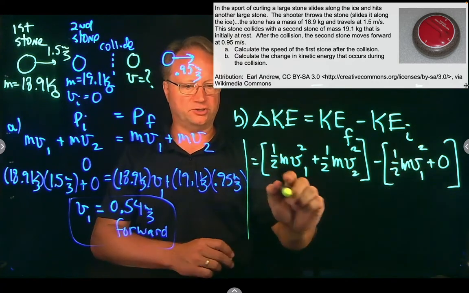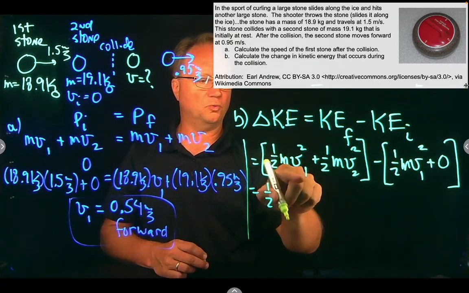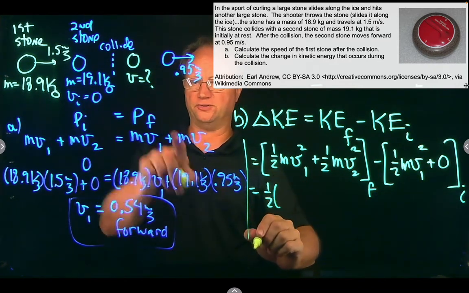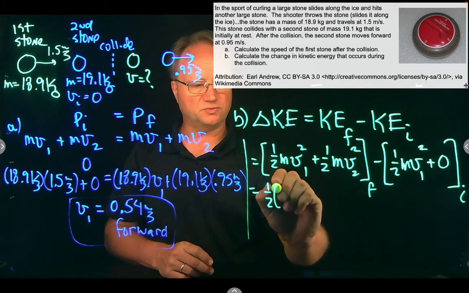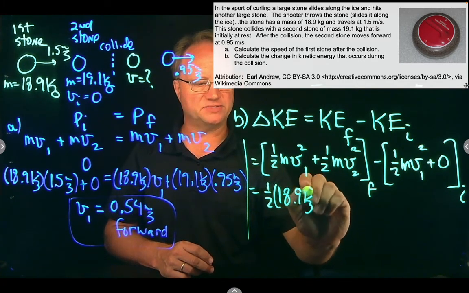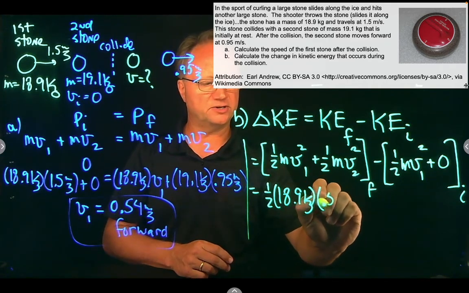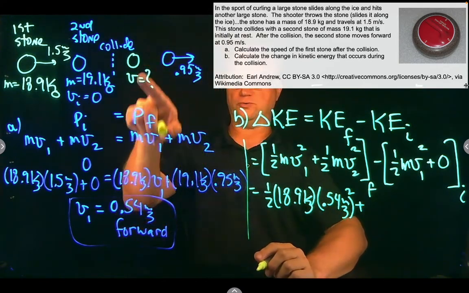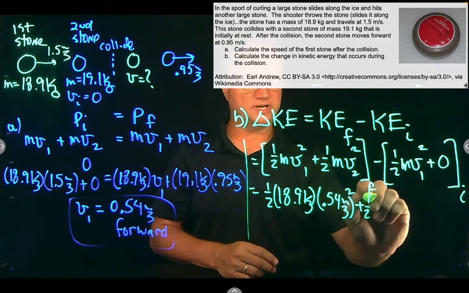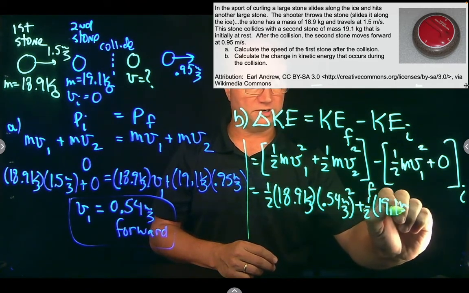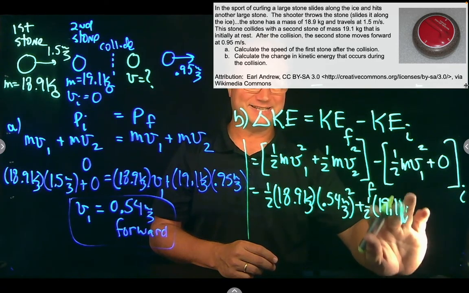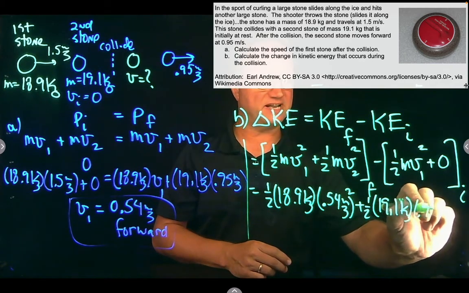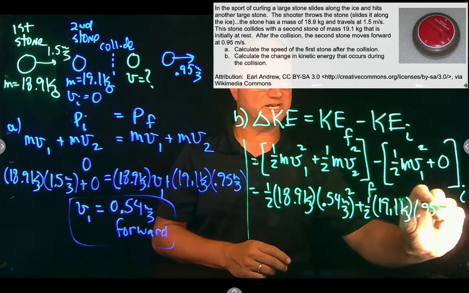And then let's fill in all our values. This is final, and this is initial. So object 1 final would be 1/2 times 18.9 kilograms times the velocity we calculated here, 0.54 meters per second, squared. Object 2 final, which would be here, is 1/2 times 19.1 kilograms times the 0.95 meters per second, squared.